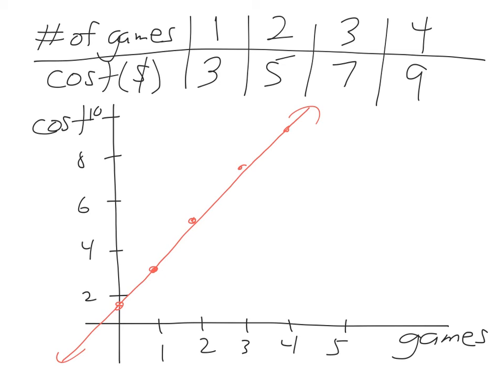So if it does not go through the origin, or it's not a straight line, then it is non-proportional. So as we find, in order for it to be proportional, we're going to have to go through the origin and create a straight line.